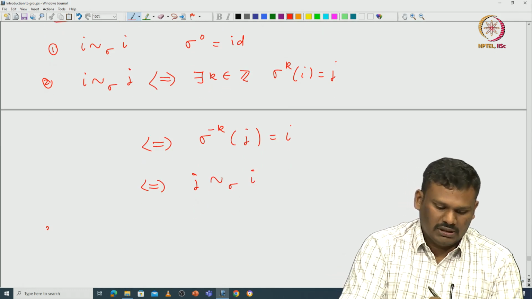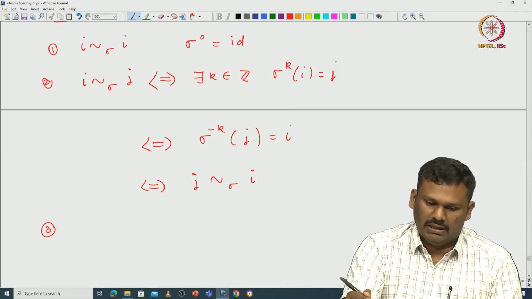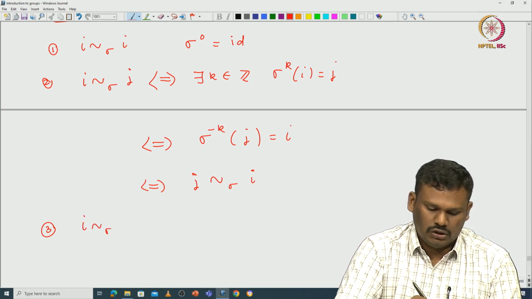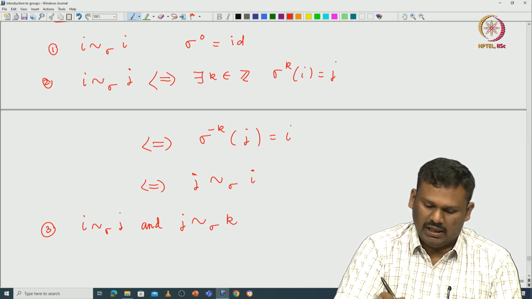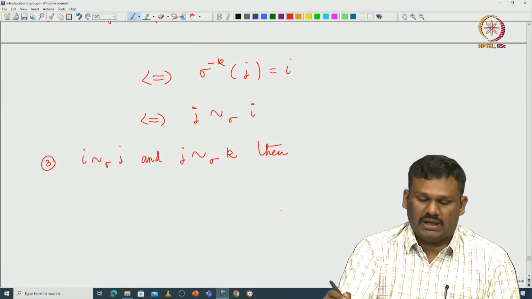Now, what is the third condition? Symmetric and reflexive are done. Now the transitive condition: if i is related to j and j is related to k, then we want to say that i is related to k.